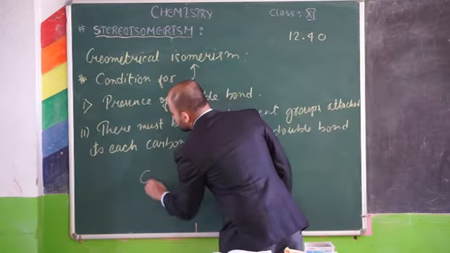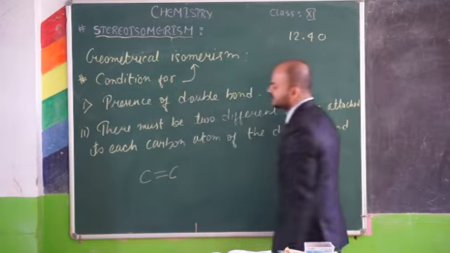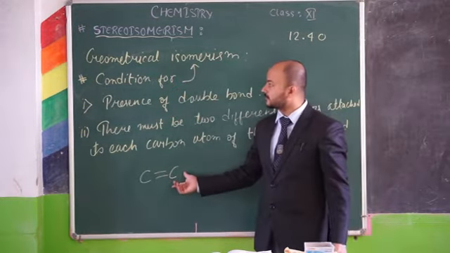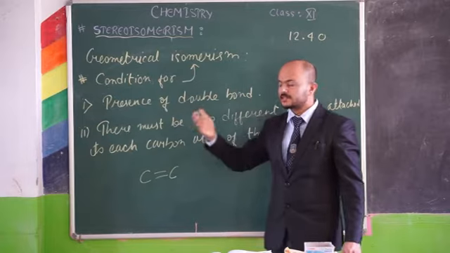First one, you already know it. There has to be presence of double bond for a compound to show geometrical isomerism.